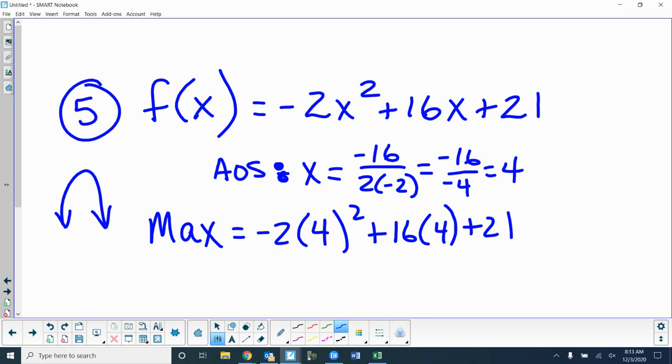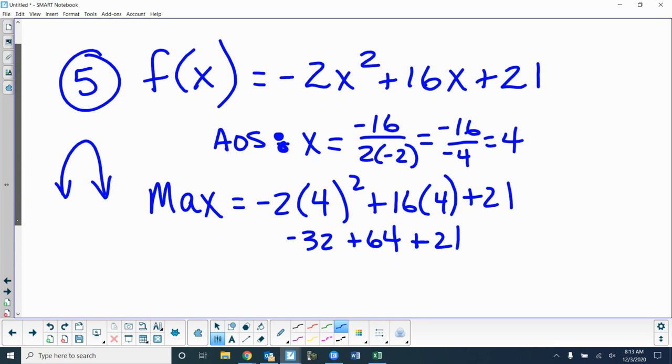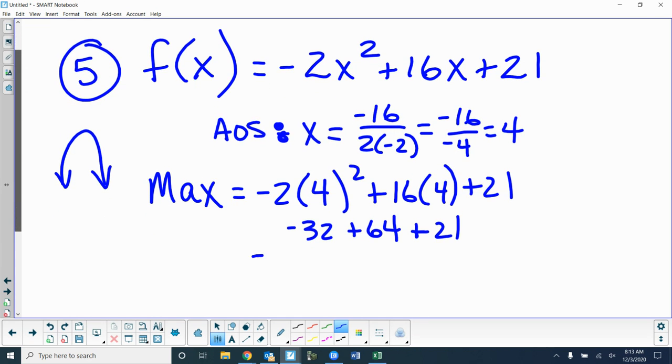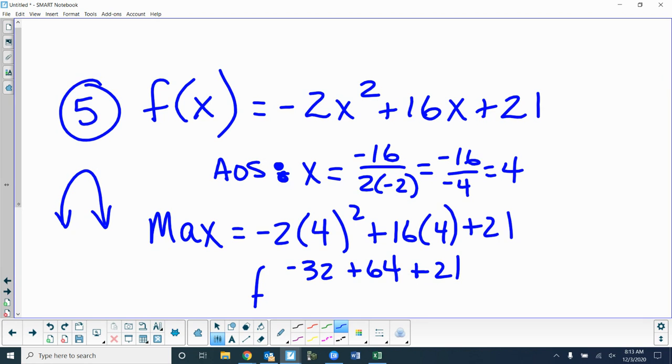All right, so again, you do 4 squared first. 16 times negative 2, that's a negative 32. 16 times 4 is 64, and plus 21. And that equals y.